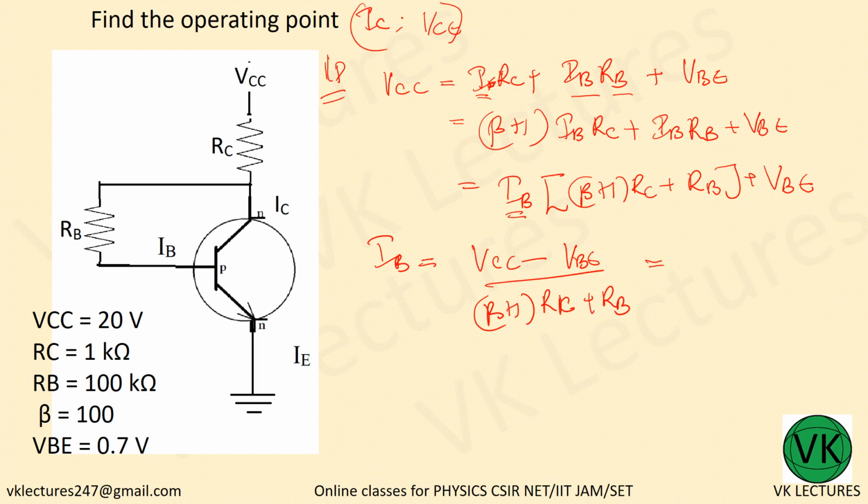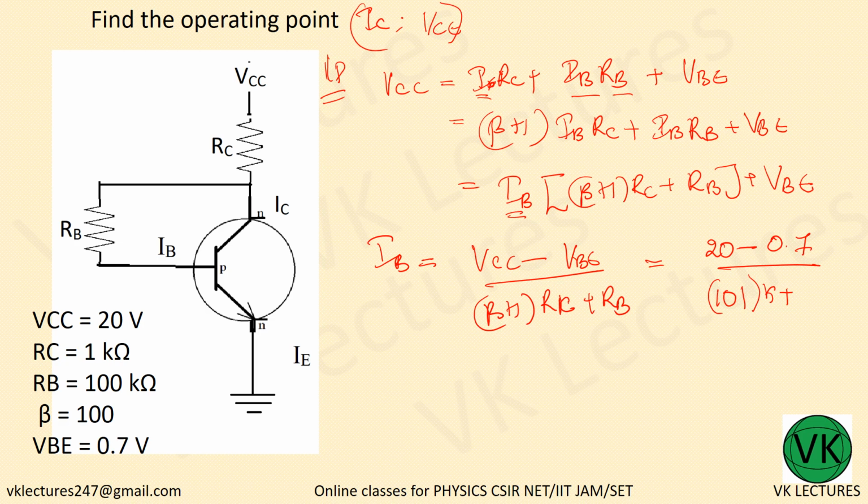So what is VCC? VCC equal to 20, minus VBE equal to 0.7, divided by beta. Beta is 100. 100 plus 1 into RC. RC is 1K. So 101K plus RB.